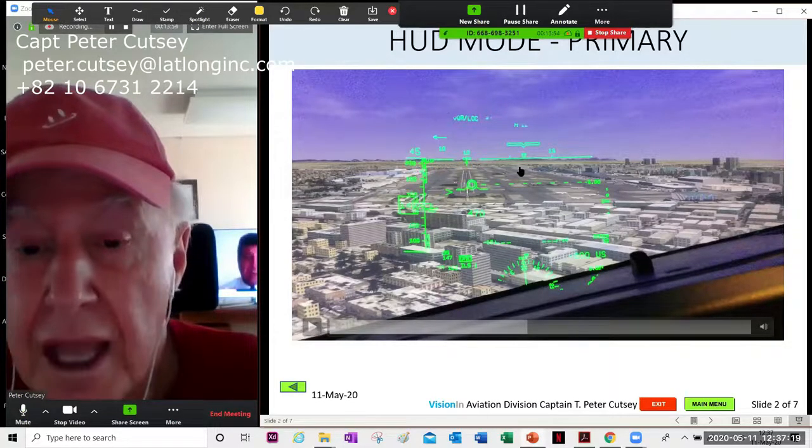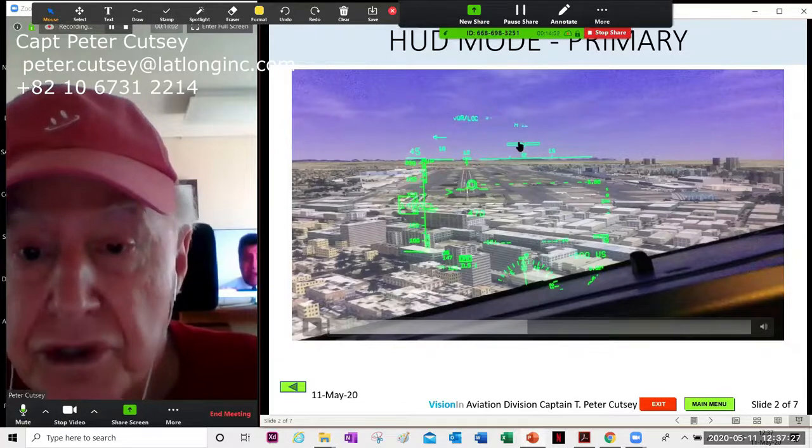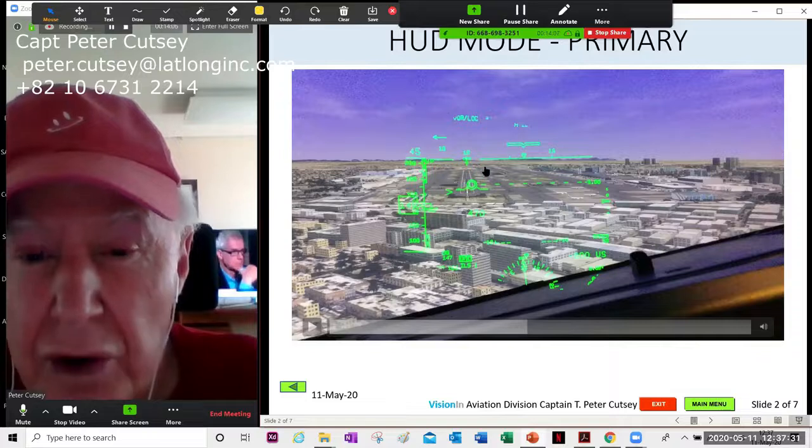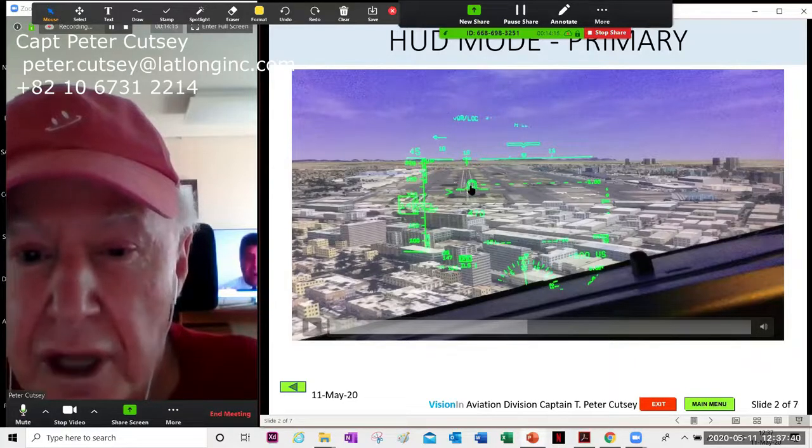So what you have to get used to is everything is the same color. And there is your airplane reference, but you are focused here. Your job is to keep the guidance cue, which is the little circle inside the flight path vector or the flight path symbol.